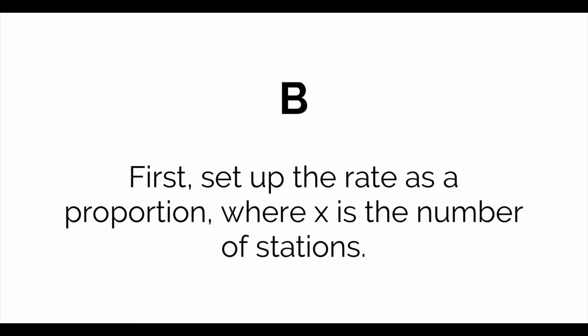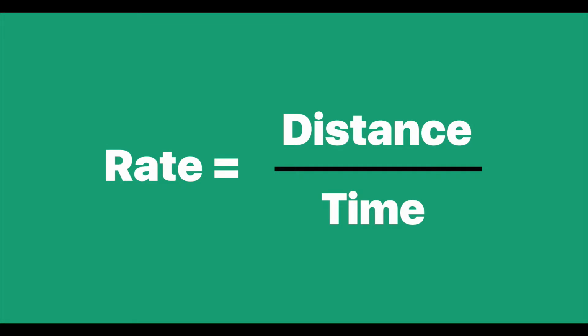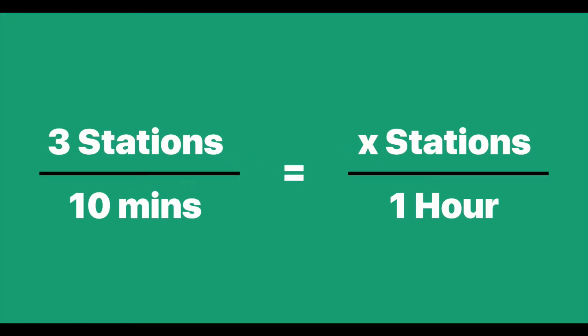First, set up the rate as a proportion, where x is the number of stations. Let's show you how to do that. Formula for rate is rate equals distance over time. Now, let's set up our formula. This is our new formula, but as you can see, we have to convert hours into minutes.